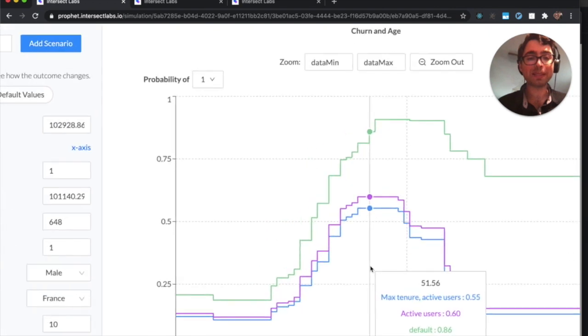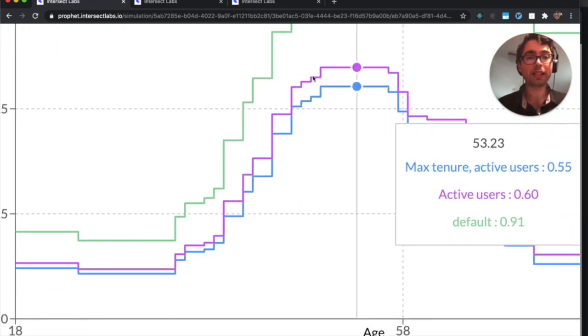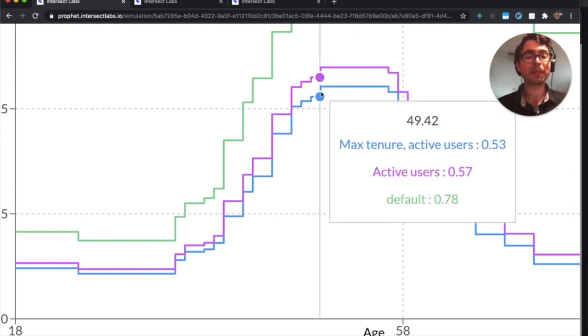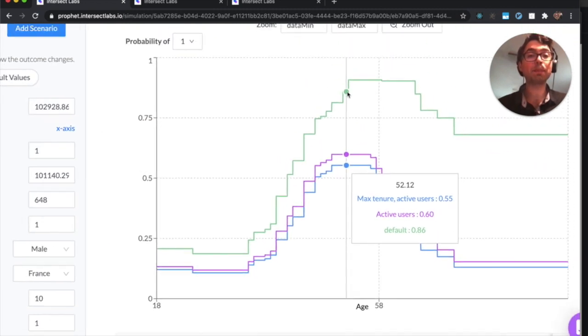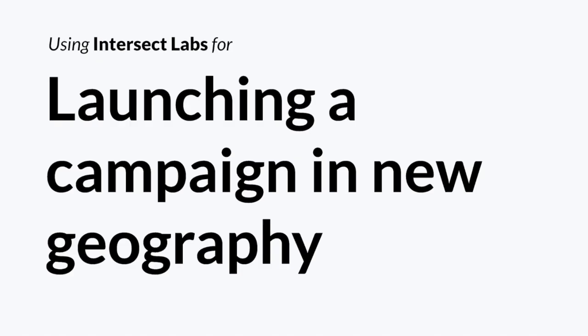But if I zoom in specifically to that problem demographic, the demographic that lands around the early 50s, I've noticed that there's a disproportionately positive effect of having a larger tenure. This has exposed to me a high leverage point for maybe increasing users' tenure to lower the risk of churning and keep them on the product.